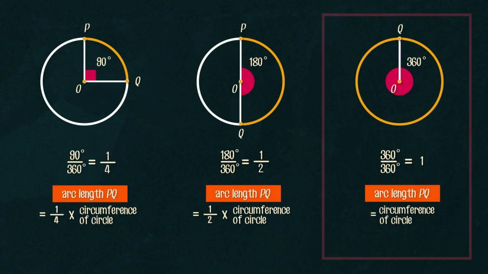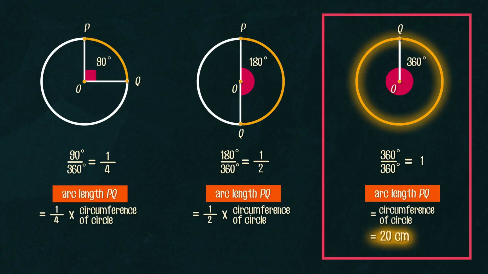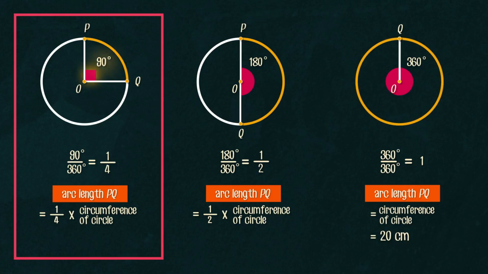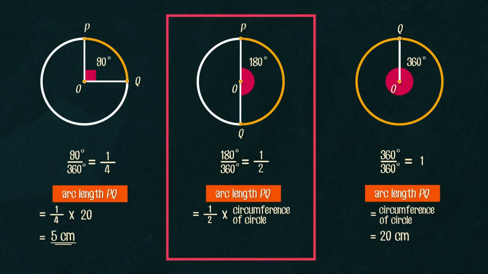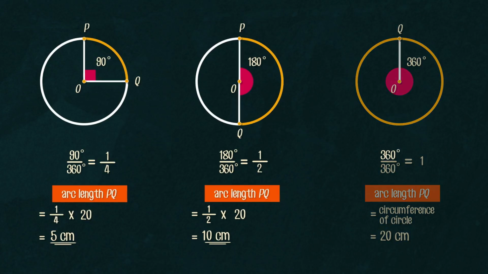Therefore, if the circle has a circumference of 20 centimeters and the subtended angle is 90 degrees, then minor arc PQ is 1/4 of 20 centimeters. That is 5 centimeters. When the subtended angle is 180 degrees, the arc PQ is half of 20 centimeters, which is 10 centimeters.